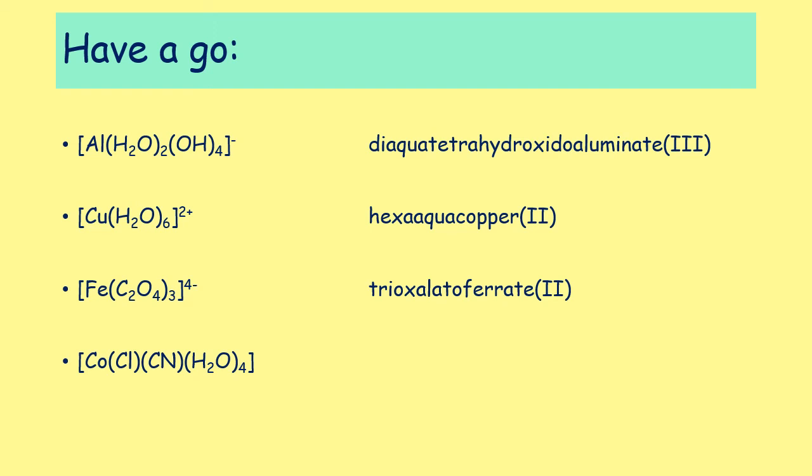It is a neutral molecule, so cobalt doesn't change its name. So it's tetraaqua, chlorido, cyanido, cobalt, and for the charge on the cobalt, there's no overall charge, water has no charge, cyanide is -1, chloride is -1. So cobalt needs to be +2 in order for there to be no charge overall. So tetraaqua, chlorido, cyanido, cobalt 2.